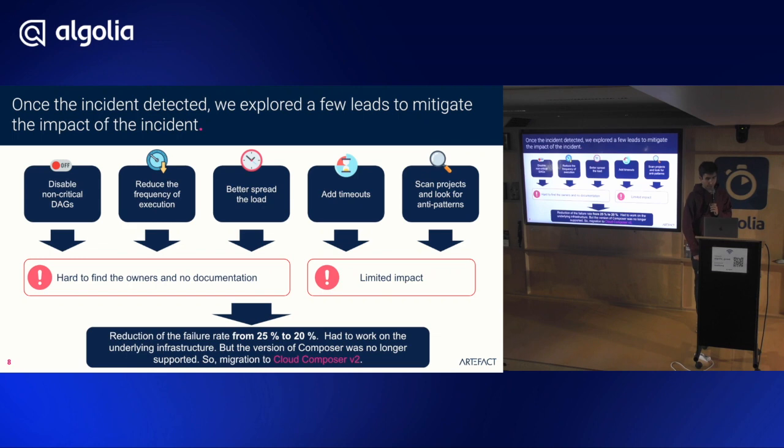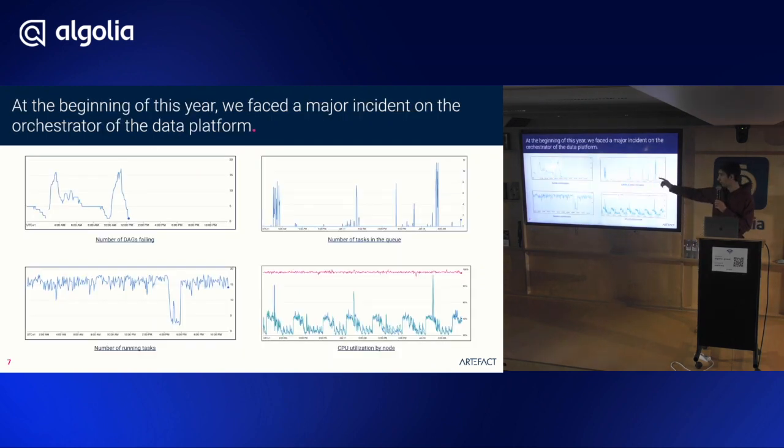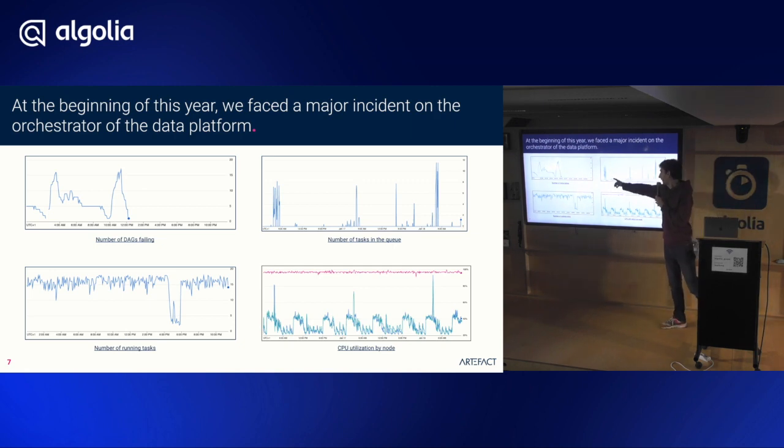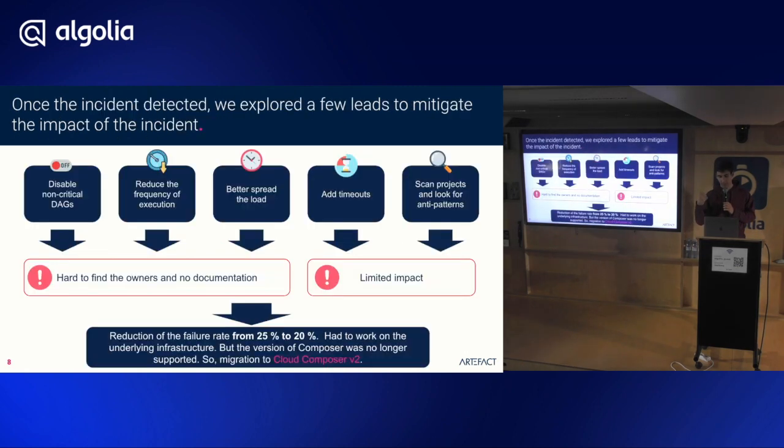So the ideas we had were to first disable non-critical DAGs, reduce the frequency of execution, maybe if it's acceptable for the business, and better spread the load, because as we saw on the previous slide, we had peaks during the day of DAGs failing, and peaks also of tasks in the queue, and so we wanted to better spread the load to avoid DAG failures.